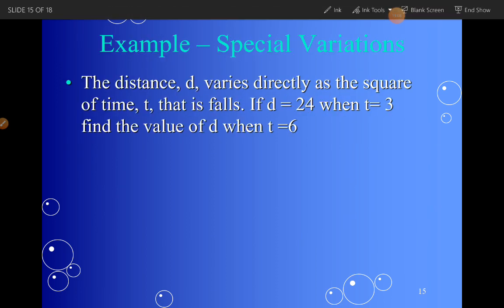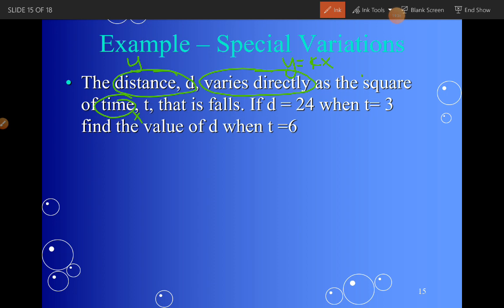Okay, so let's look at these special variations, and this is what would be on final exams and things like this, because they always try to trick you. So we have the distance varies directly as the square of the time. Okay, so again, varies directly, y is equal to kx. So the distance is going to be the y value. The time is going to be the x value because it's after that varies directly.